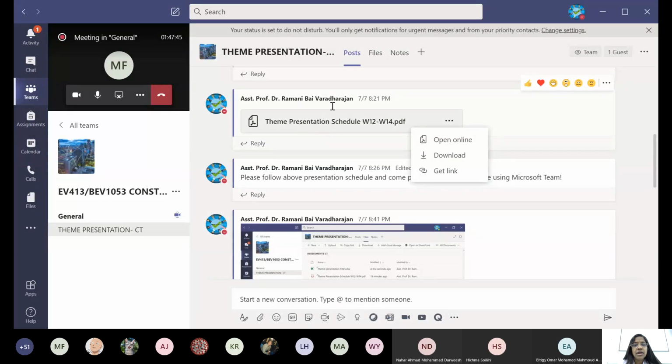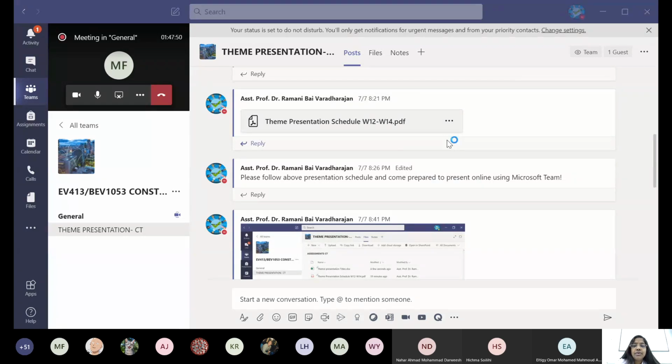Are you seeing the cursor moving on the theme presentation? Let me open online. For me, it should be opening because I already accessed with login and password. At this point, it may ask for your login and password of your UCSI. So you need to type in. See, it's open already. Just now Badran was asking, right?